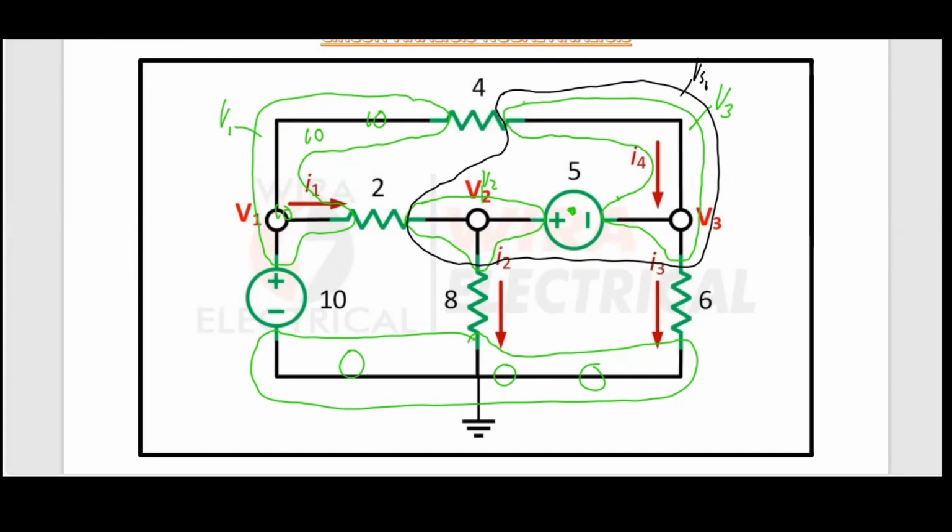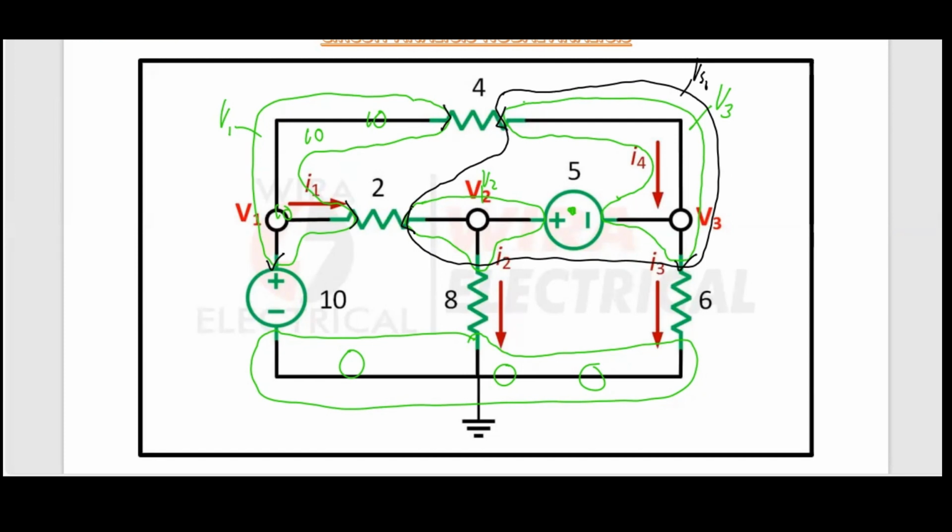So I normally assume my current leaving. So V1, I don't know the voltage for it, so I need an equation for it. So I assume a current leaving. Same thing for the supernode.